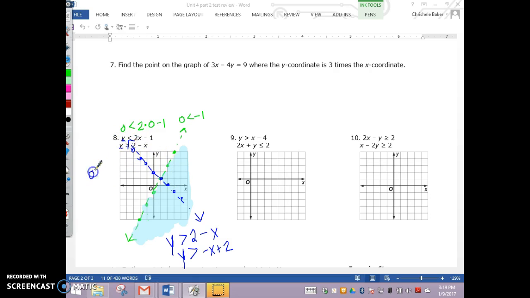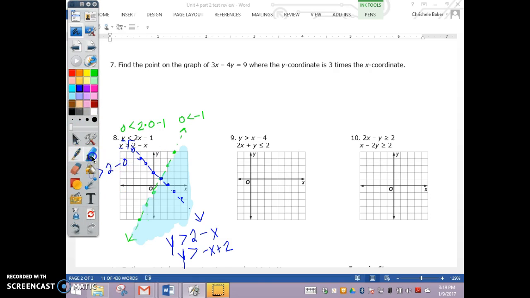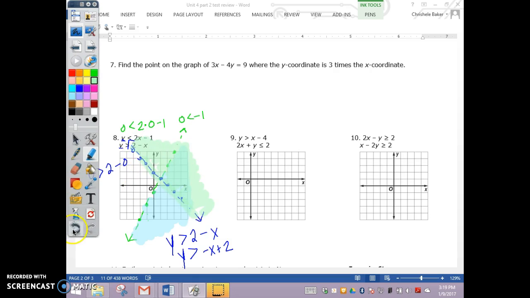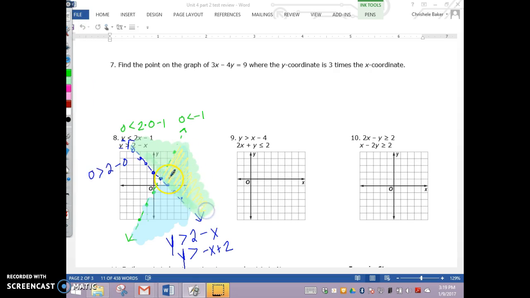Is 0 greater than 2 minus 0? Yes. So I'm going to be shading this way. So the double shaded area, that is my solution right here. Not actually on the dotted part, but everything in between.